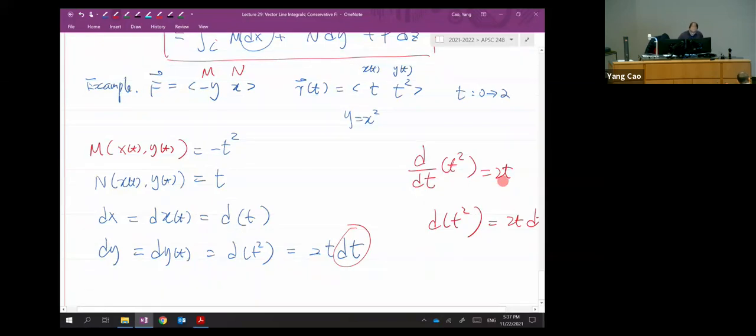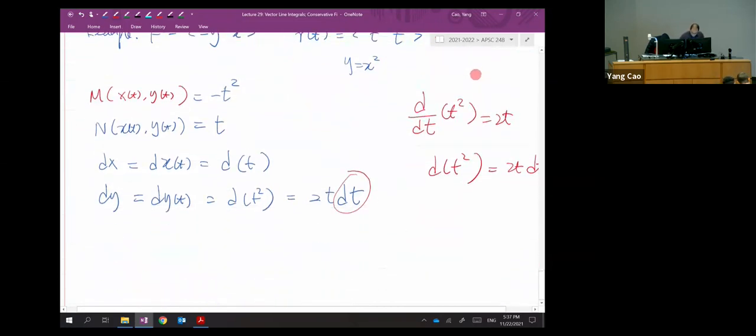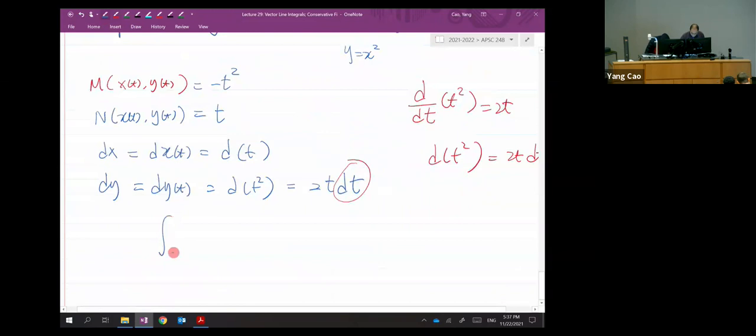So now you've got each one of the components for the formula. We don't need to worry about z because it's 2D, and you substitute everything into the expression. You end up integrating from 0 to 2 of negative t squared, which is M, times dt, and then N of t, which is t, multiplied by 2t dt.